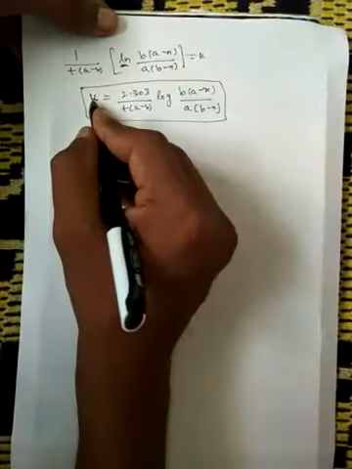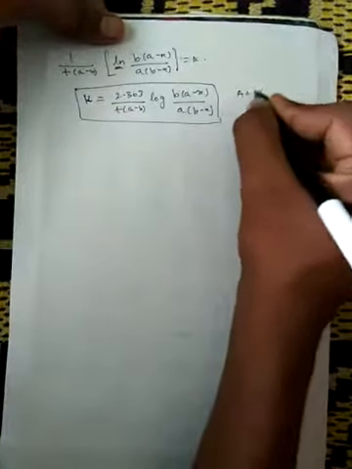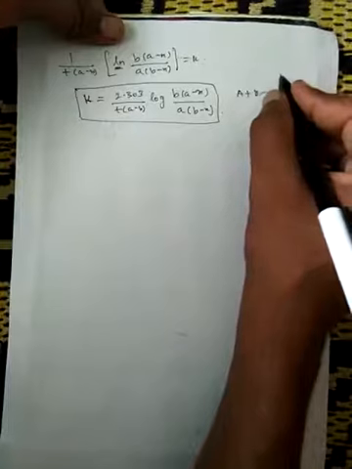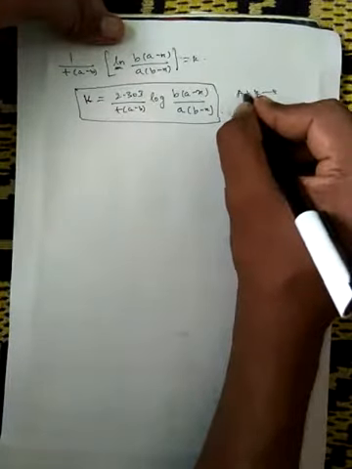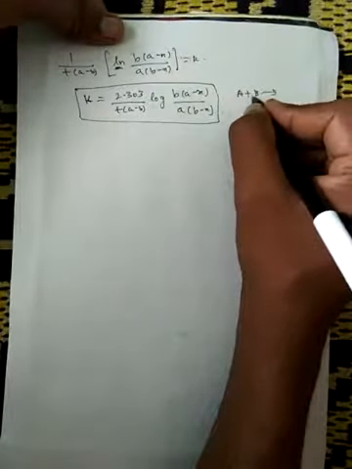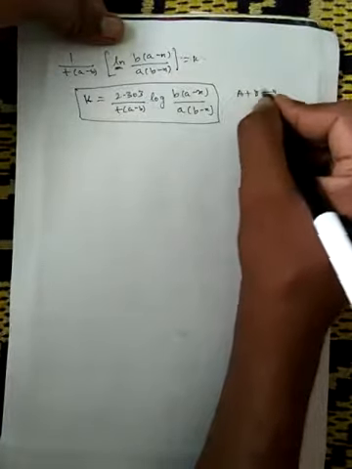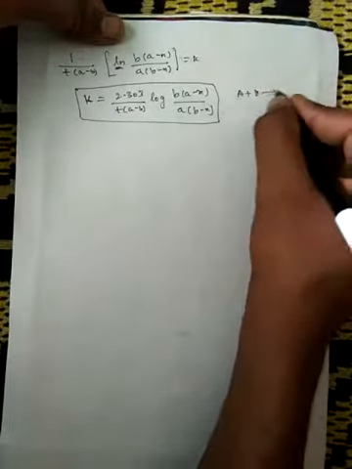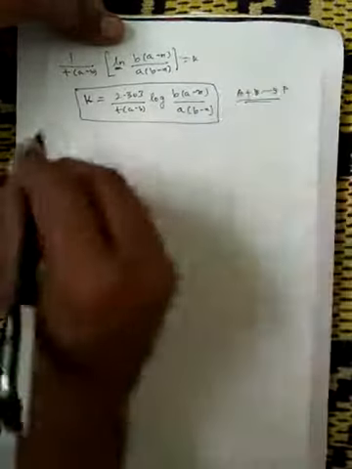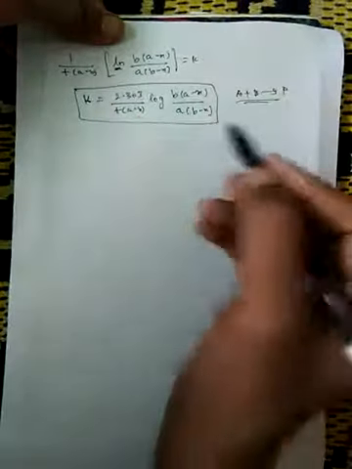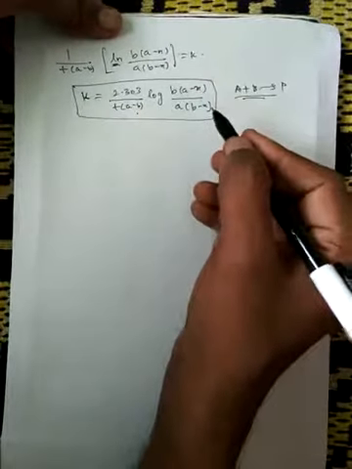Rate constant expression of a second order reaction of this type, when both the reactants are different and their concentrations are also different, is given by this equation.